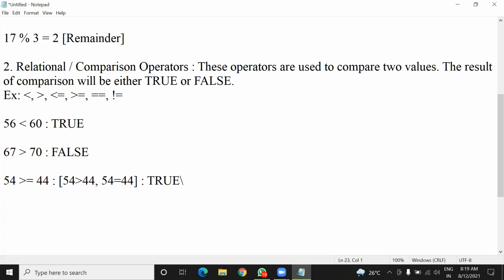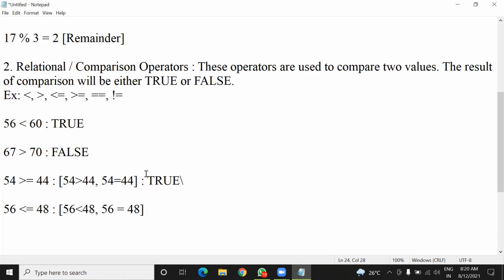Now take another example. 56 less than or equals to 48. Here again two comparisons are there. The first one is 56 less than 48, and the next one is 56 equals to 48.